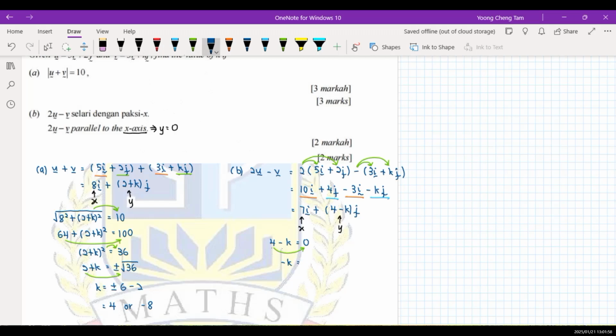You move 4 to the other side, we still have the negative on the left-hand side. So 0 minus 4 gives negative 4. After that, you can cancel out the negative for both sides. So the answer is k equal to 4.